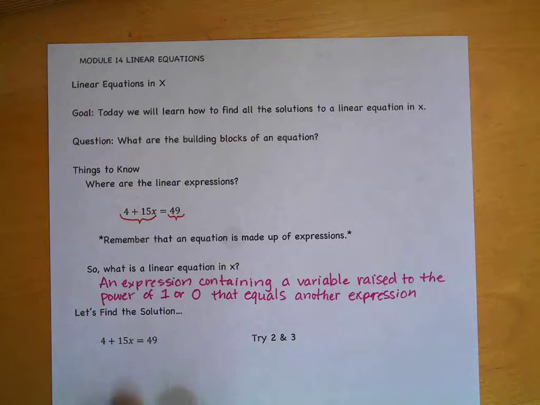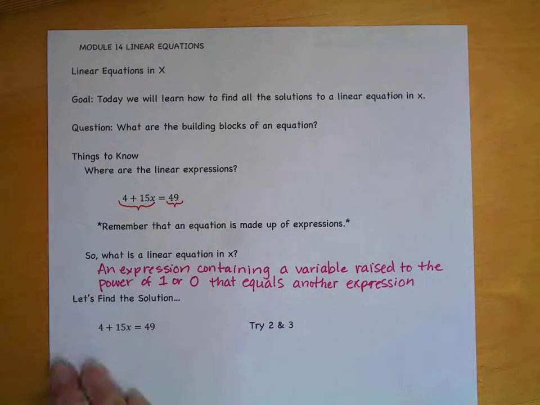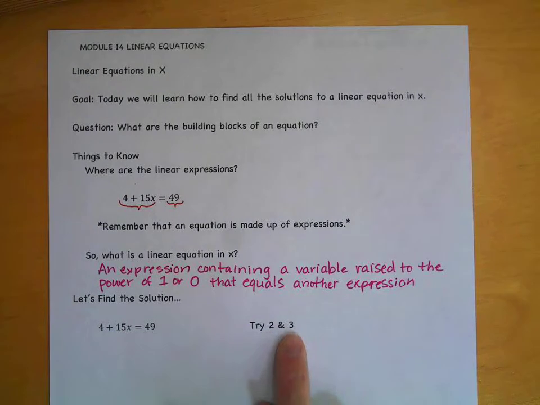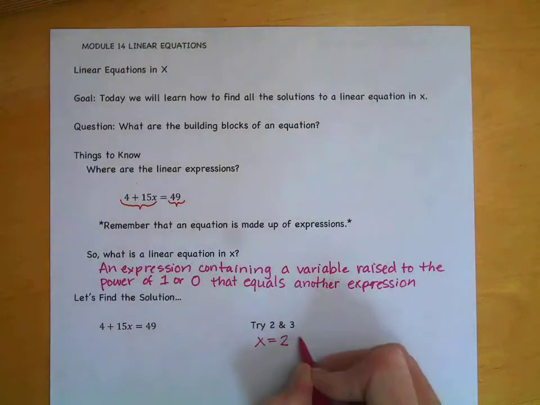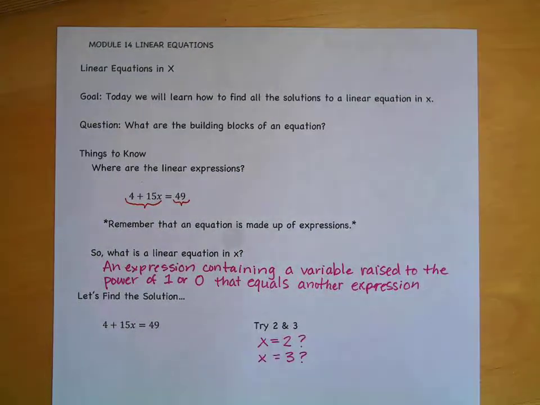So you have to figure out what number would make this math sentence true. I would like you to try the numbers 2 and 3. When I say try the numbers, what I mean is, does x equal 2 or does x equal 3? That's what we're trying to figure out, okay?